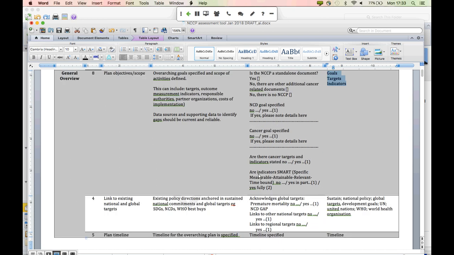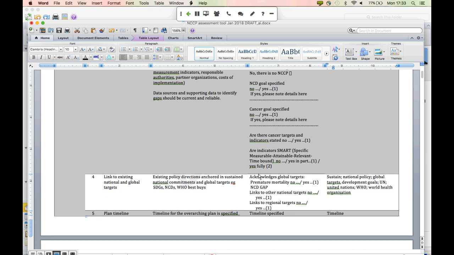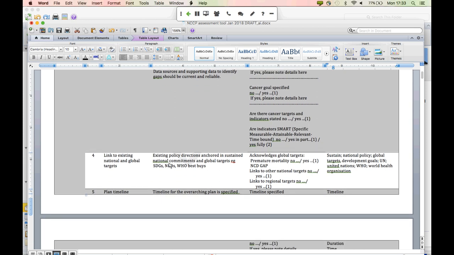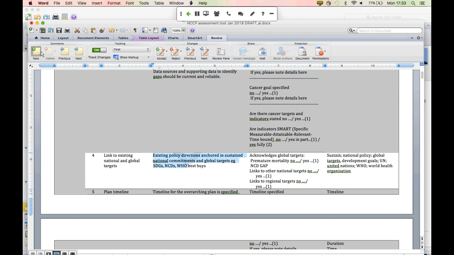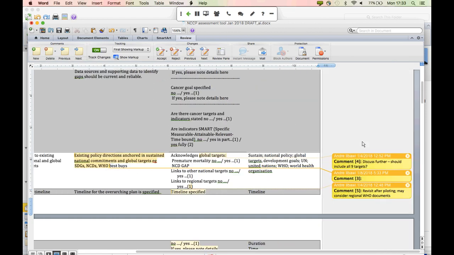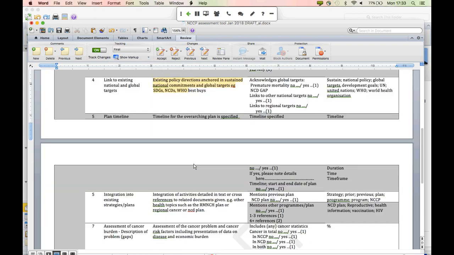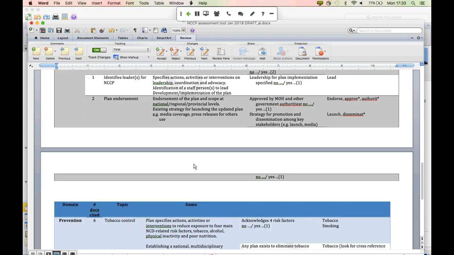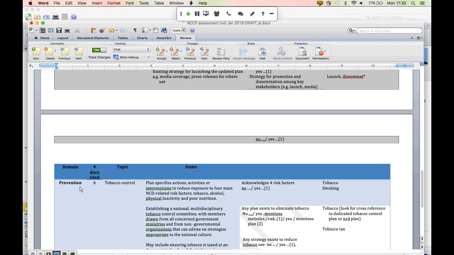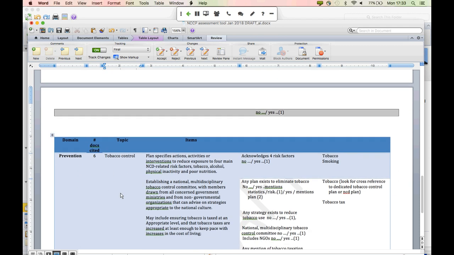This document itself we use as a reference. So please, if you have concerns in your review, please note them here using either standard track changes, or you can use review and put a comment, question, discuss further, etc. And as you can see from this long list, we have here the domain of prevention. Questions about tobacco control.